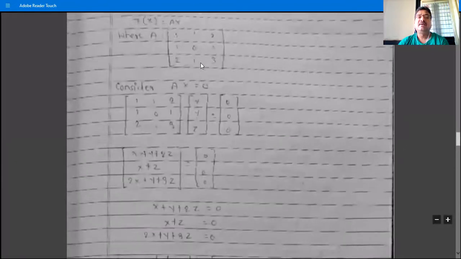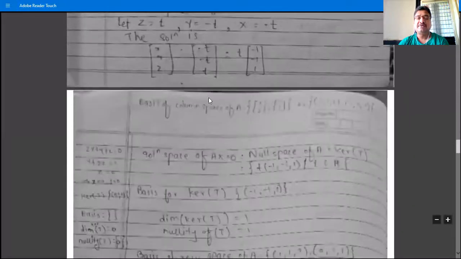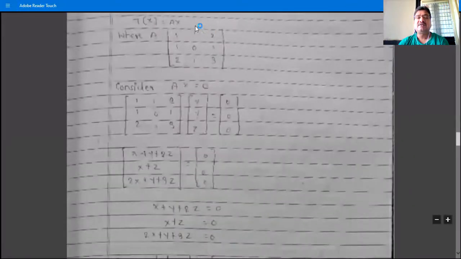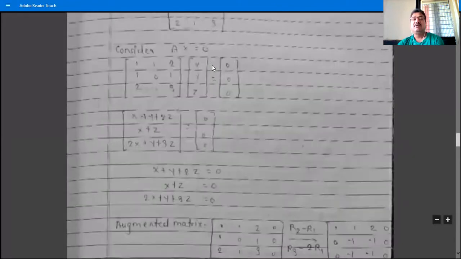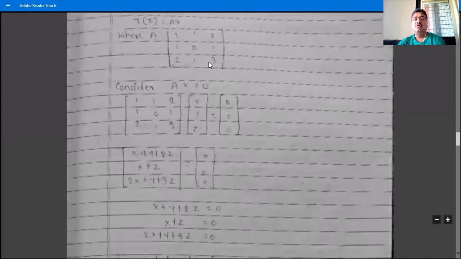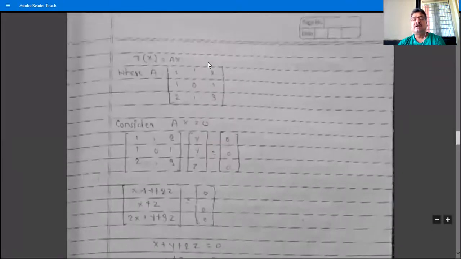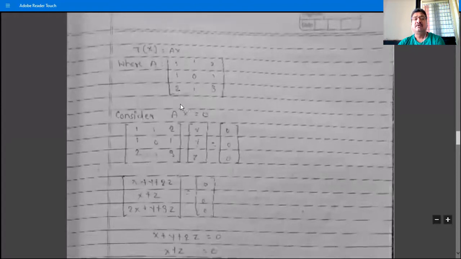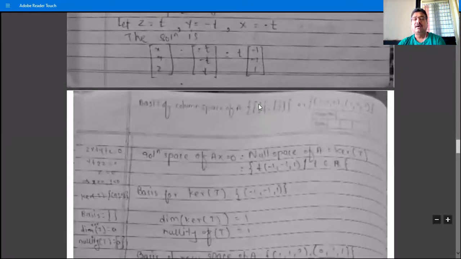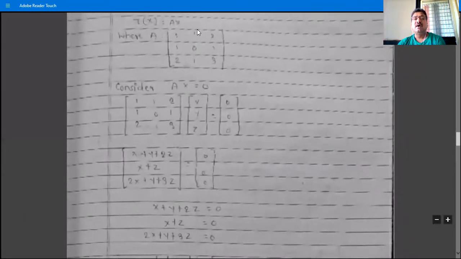So in order to find the basis for the column space of A, we consider the matrix A and reduce it to reduced row echelon form. And then note that columns number 1 and 2 contain leading ones. And so column number 1 is (1, 1, 2). So the basis for the column space of A is equal to, in curly brackets, the column matrix (1, 1, 2), comma, the second column (1, 0, 1).